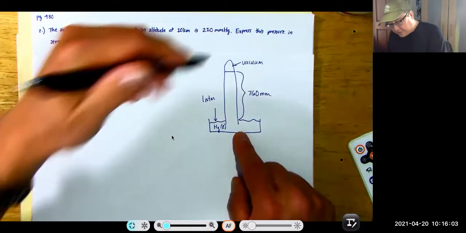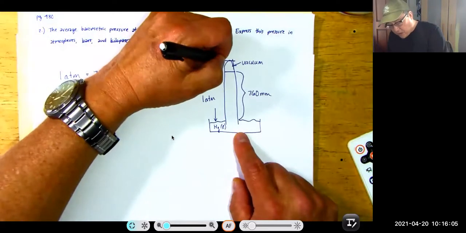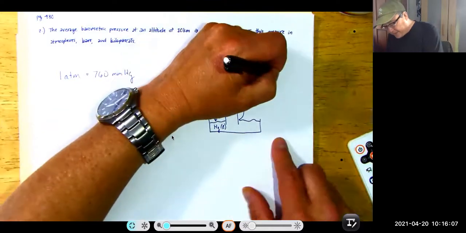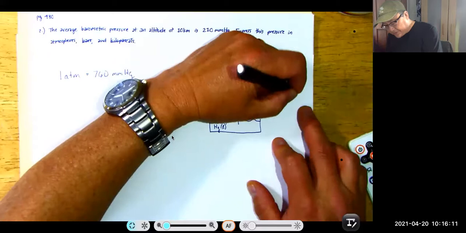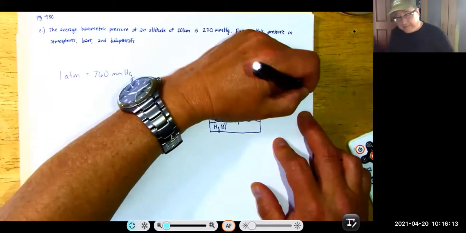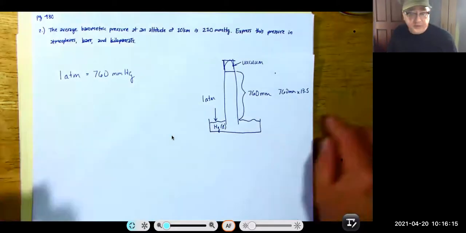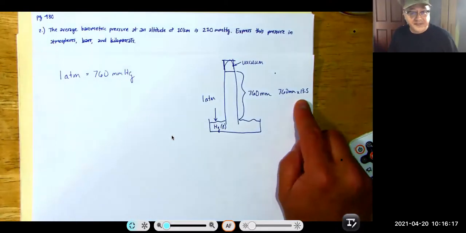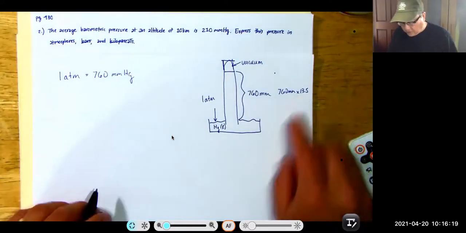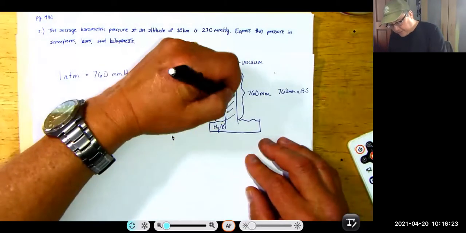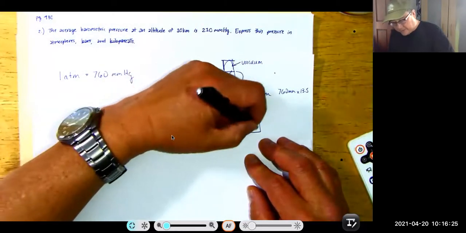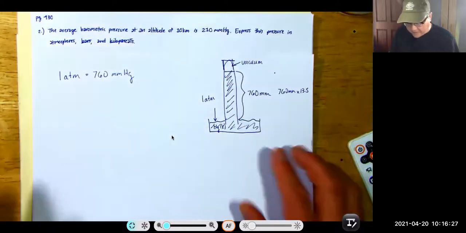Now, in this tube, if it were water, it would be 760 millimeters times 13.5, because water is 13.5 times less dense than mercury. So the column of water would be that much higher. So here's the mercury, and here's the air. This only works if you have a vacuum in here.